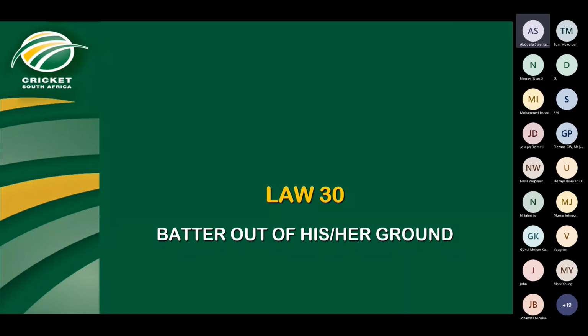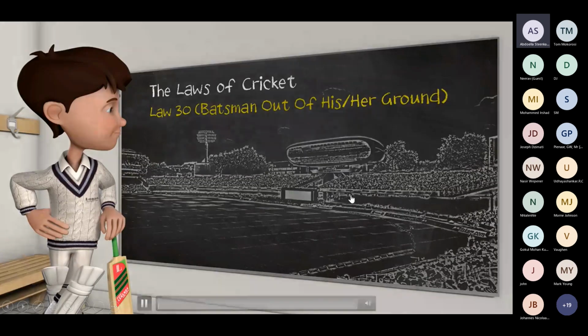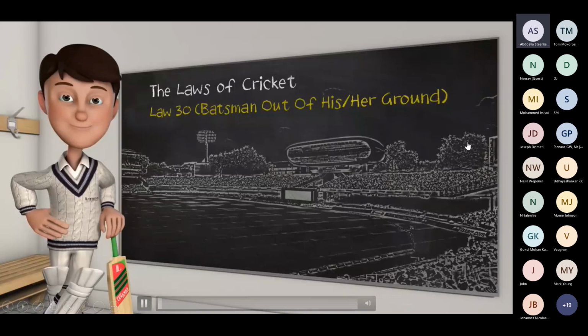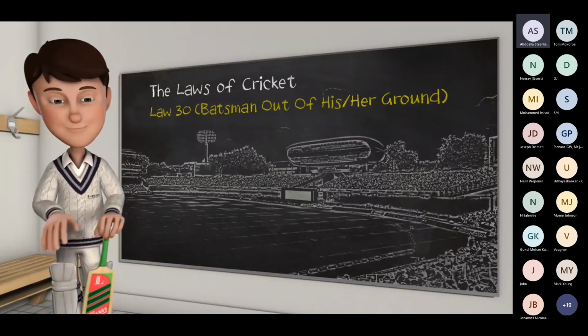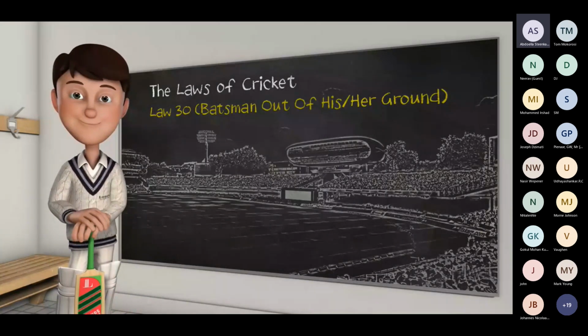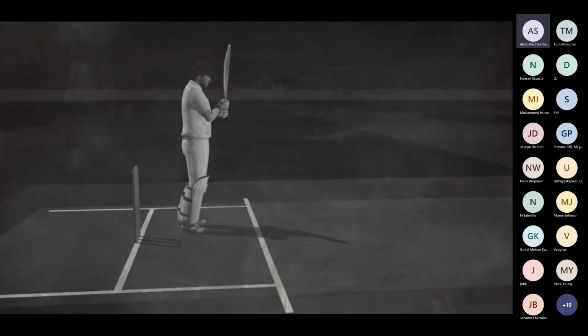When is a batter out of his or her ground? Batsman out of his or her ground. When a batsman is out of his or her ground, he or she risks being stumped or run out. So when is a batsman out of his or her ground?